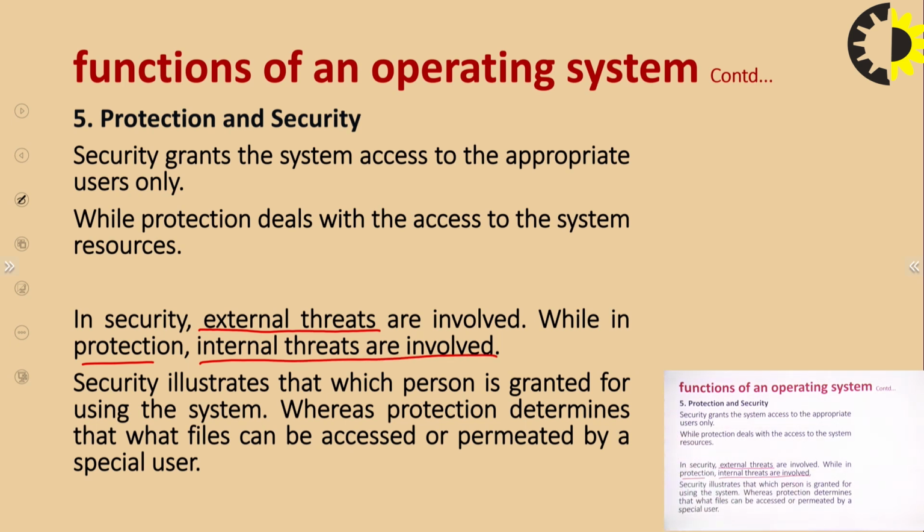Security illustrates which person is granted permission to use the system, and this is achieved with the help of the operating system itself. So our operating system is able to perform security well, whereas protection determines what files can be accessed or preempted by a particular user, meaning which files can be accessed by each user. This is an internal situation.